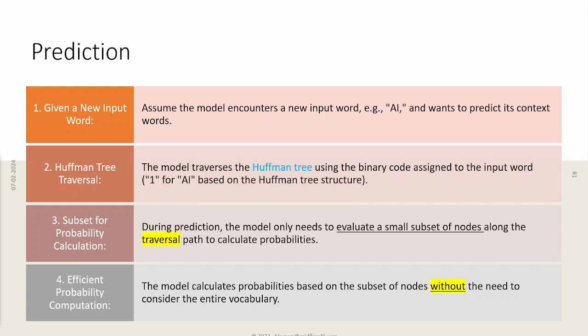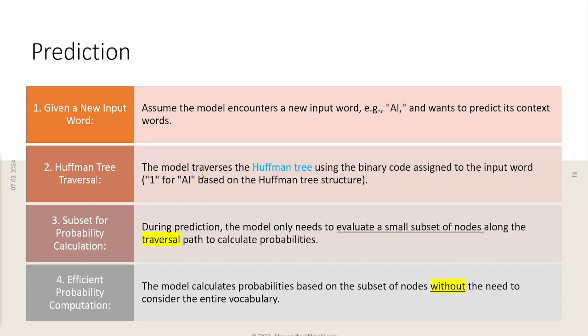Then the model computes the softmax probability based on that subset of nodes, without the need to compute for the entire vocabulary. I hope this explanation was useful.